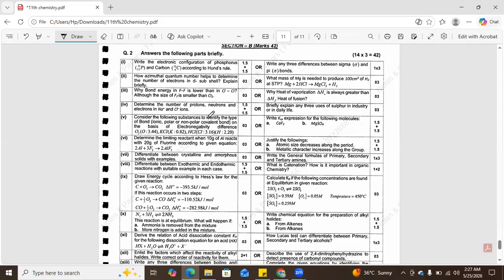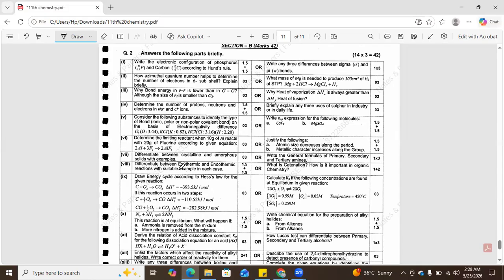Number 4 is determine the number of protons, neutrons, and electrons in sodium and chloride ions. Consider the following substances to identify the type of bond: ionic, polar or non-polar covalent bond on the basis of their electronegativity differences. They have given you the values.